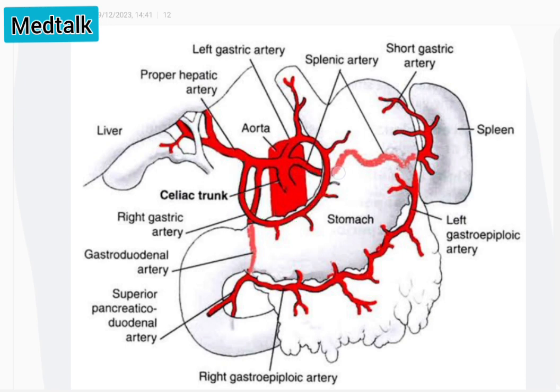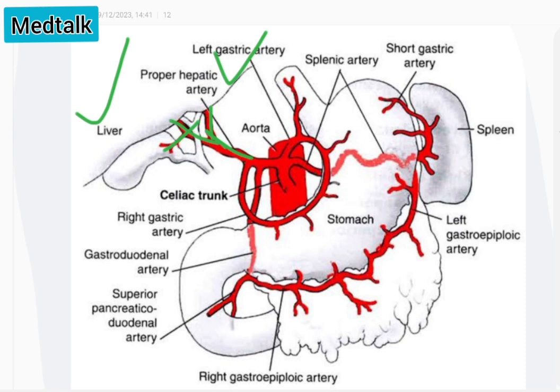Okay, and at the inferior border of the liver, this proper hepatic artery divides into the left hepatic artery and the right hepatic artery and supplies the corresponding lobes of the liver, that is the right lobe and the left lobe of the liver. Okay, and the right hepatic artery gives one branch, that is the cystic artery, which supplies the gallbladder.